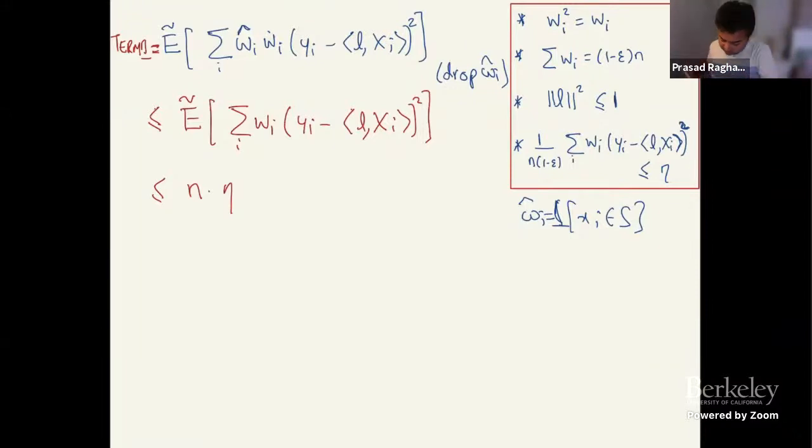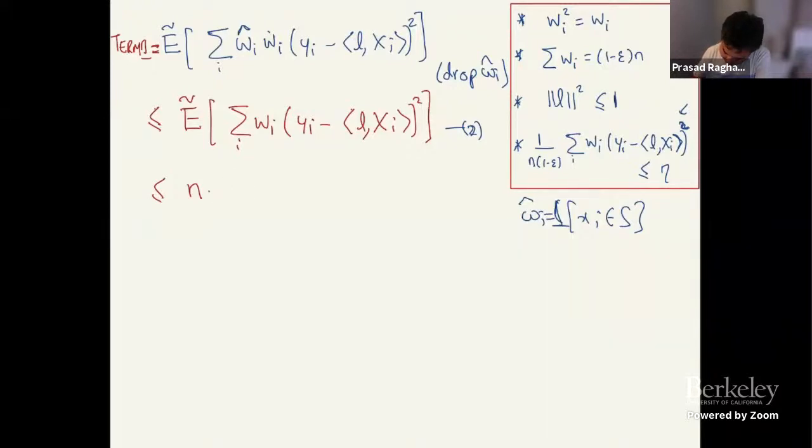Why? Because now the second line here corresponds exactly to one of our axioms, the axiom about the total error on the good points that the SDP looks at. So the second line is really n times eta.